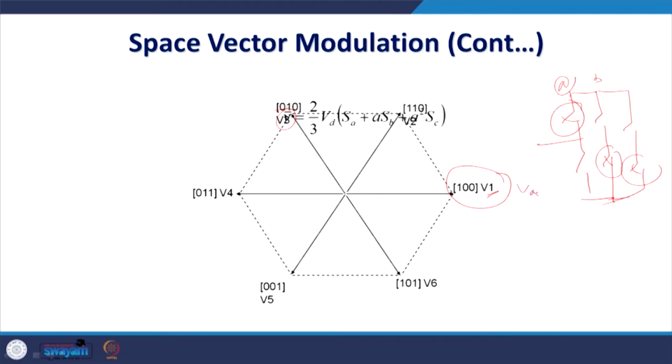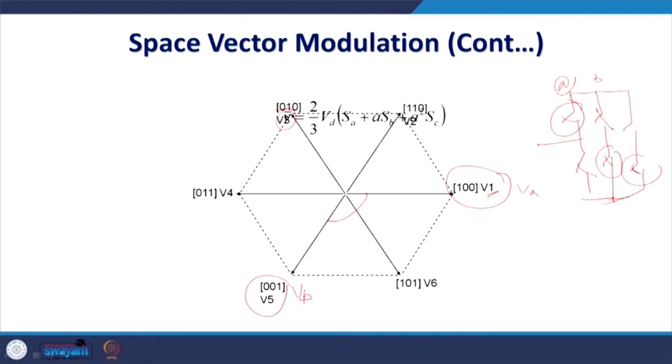Similarly, the B phase will be lagging by 120 degree. For this reason, this switch will be closed and this switch will be open, and the other switches will be closed, and you get VB.